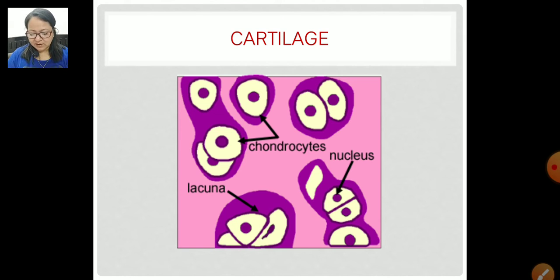In case of cartilage, the cells are present far apart from each other, and they are called chondrocytes, which make the cartilage. Cartilage is present at the joints on the bone surfaces, and it is also present in the nose, ear, trachea and larynx. Even we can fold the cartilage of the ear, but we cannot bend the bone because it is very hard in texture.